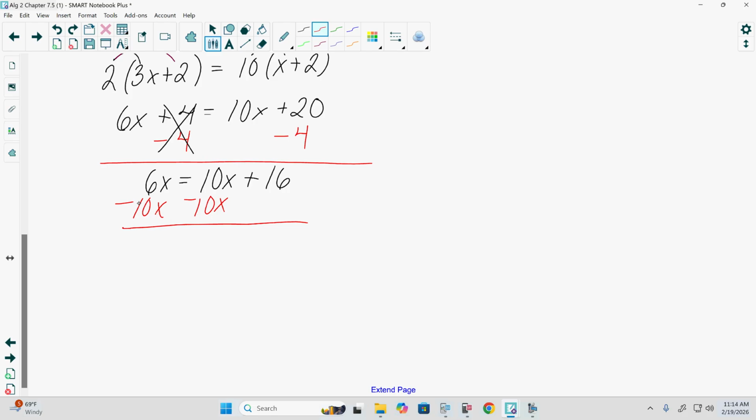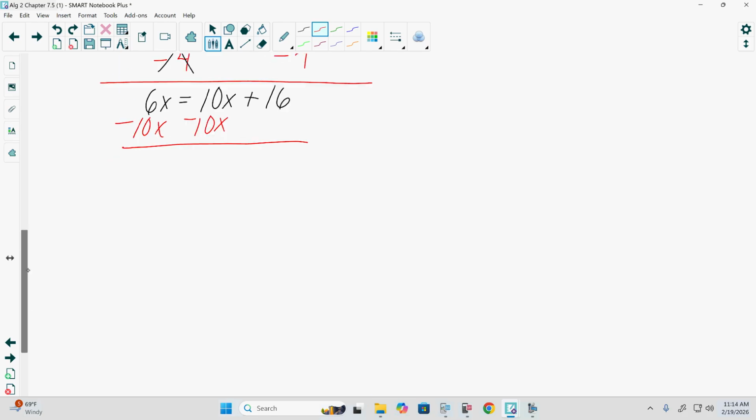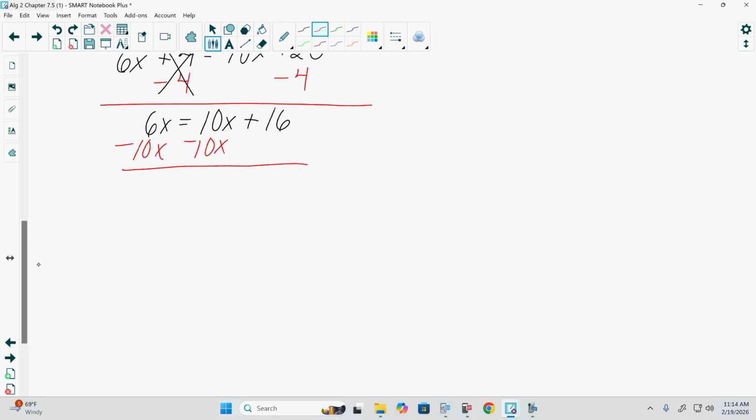Because I want to get the 10x over to the other side first before we divide. Because on the right-hand side, 10x minus 10x would be 0, leaving us with just 16. On the left-hand side, 6x minus 10x, 6 minus 10, would be negative 4x.